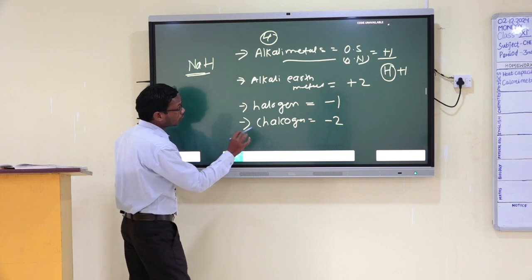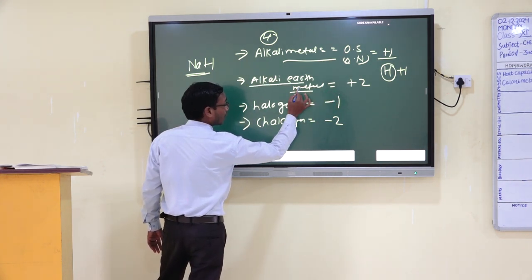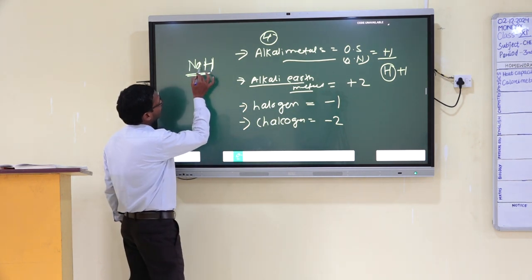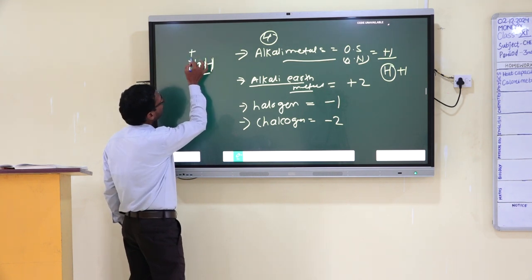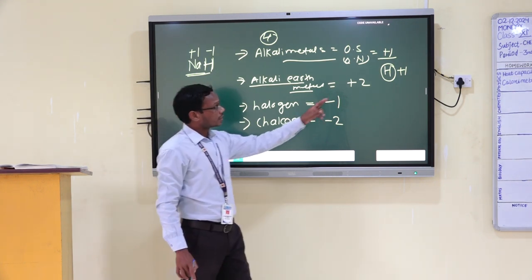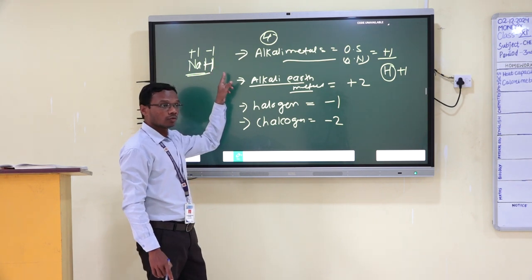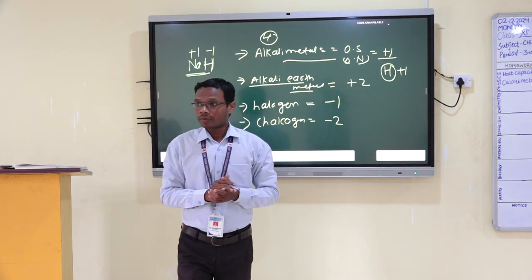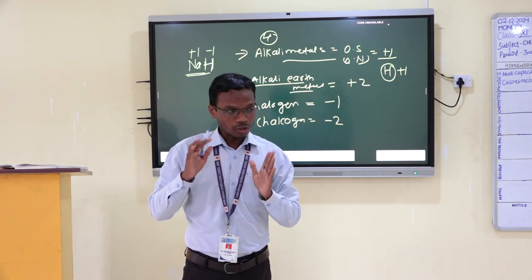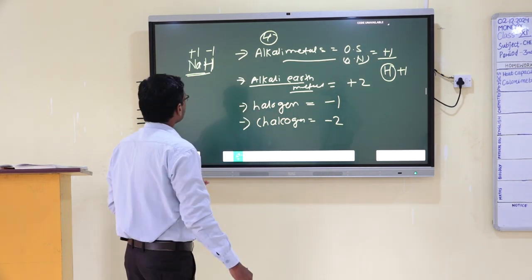In this condition, alkaline earth metal is +2 and alkali metal is +1. So in NaH, Na is an alkali metal, so its charge is +1. That means the hydrogen charge is -1. Generally, the charge of hydrogen is +1, but in this condition it is -1. So we know that the oxidation number of an element may change as per its composition. It may vary. For some elements it is constant, but for some other elements it may change.